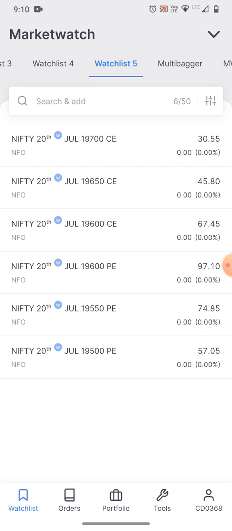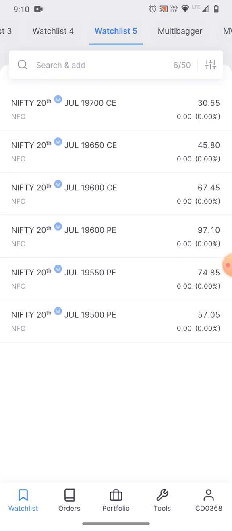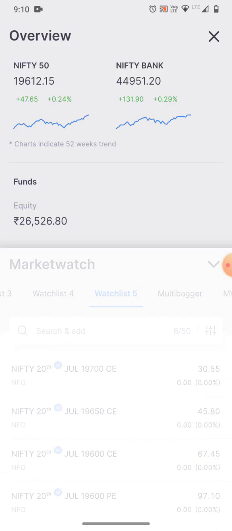So six contracts of different strike price I have added of Nifty 50, and also I will add some contracts around the price at which the Bank Nifty is about to open.